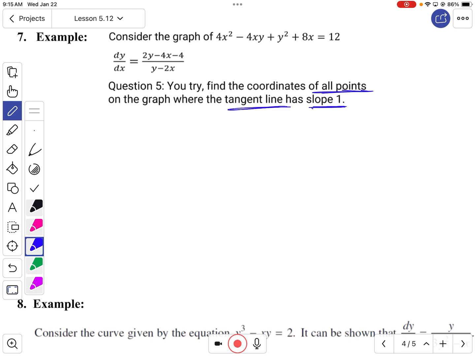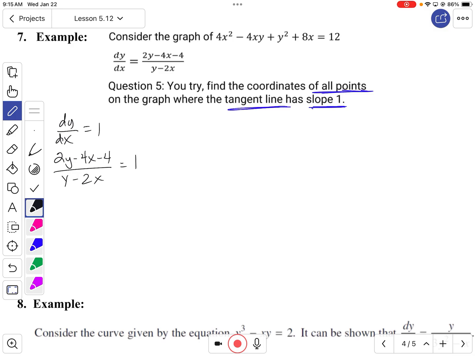Okay, where dy/dx is going to equal 1. All right, not as easy as what we did a few minutes ago. Okay, because dy/dx is a rational function. All right, so I'm looking for where dy/dx is equal to 1. In other words, that whole thing, (2y minus 4x minus 4) over (y minus 2x) is equal to 1.